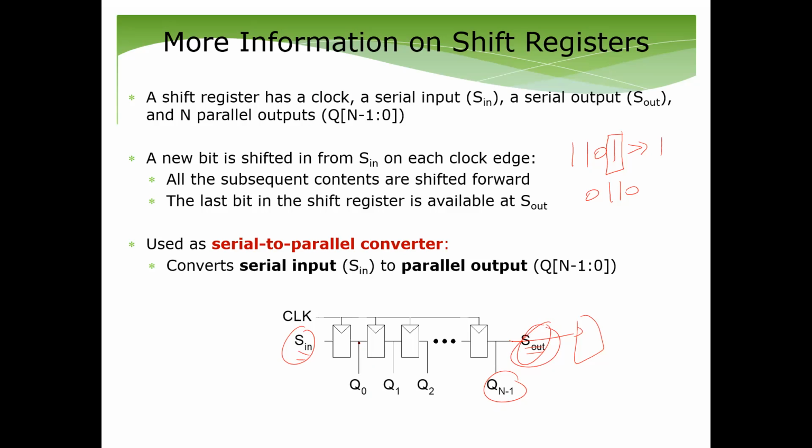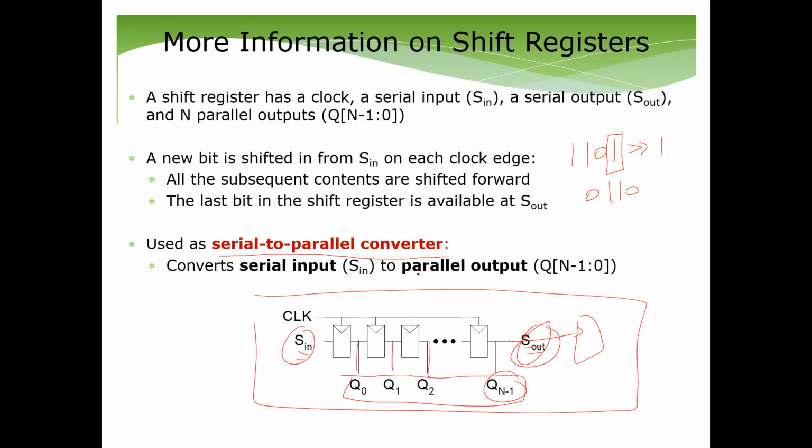Now, if you add parallel output to your design, like you are allowed to read the value from Qn-1 to Q0, this whole circuit is called a serial to parallel converter. Make sure you know what this means. A serial to parallel converter means that I will apply serial input to my shift register, and I can read out the value in parallel.